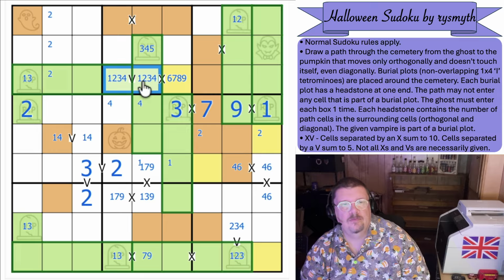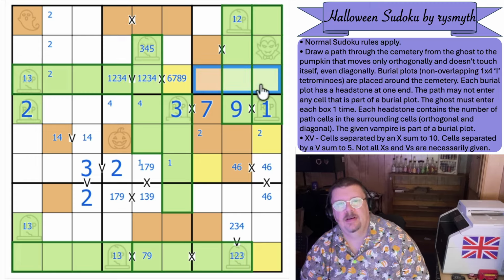Okay, that's either 1, 4 or it's 2, 3. So I have a virtual 1, 3 pair in the row. So 1 and 3 are not in any of those.